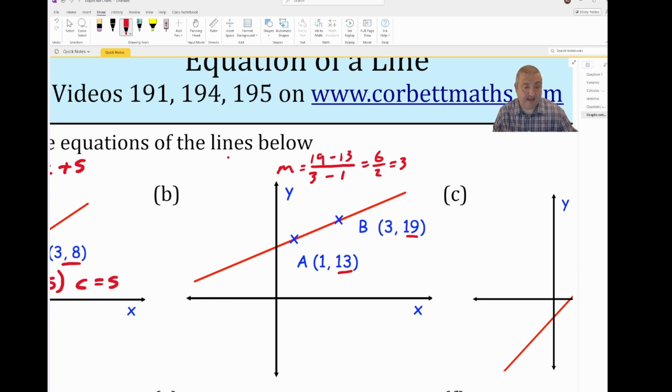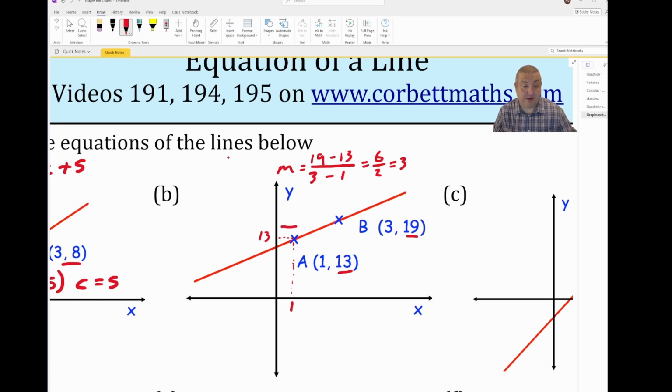Our value for c, well, we're looking at this point here. Let's mark it on: 1 and 13. We know we've got a gradient here, for every time it goes across 1, it goes up 3.